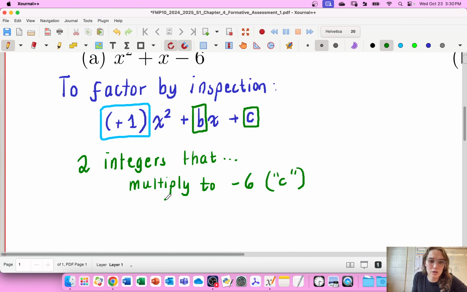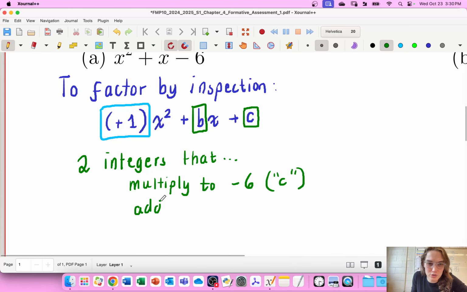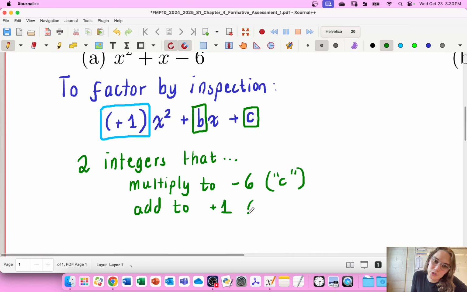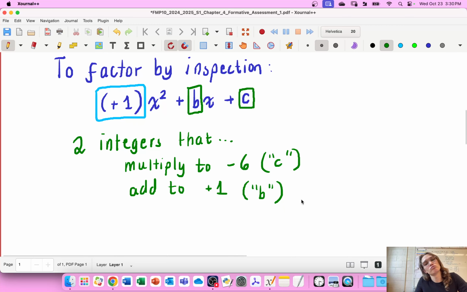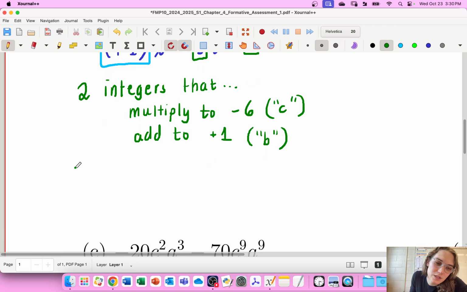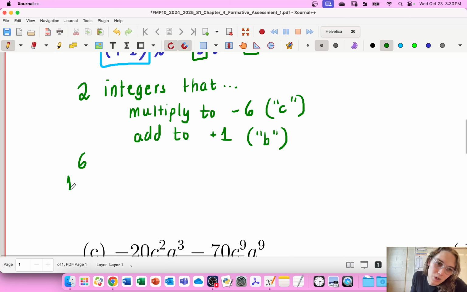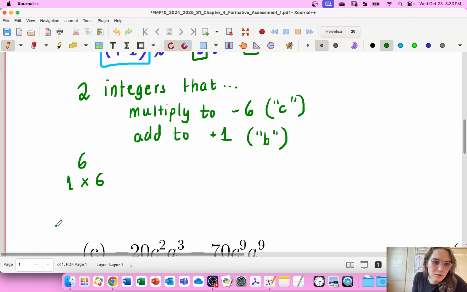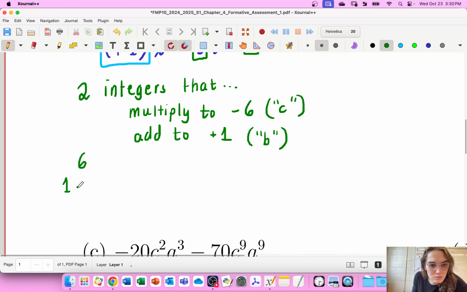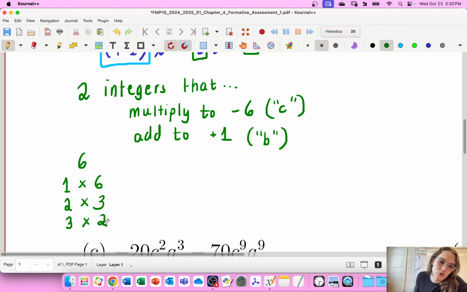And then we also want the two integers that add to +1, which is my b. So, what multiplies to 6? 6 could be 1 times 6. It could be 2 times 3. And that's it, because if I start doing 3 times 2, there's no point. So I've listed out all my possibilities.